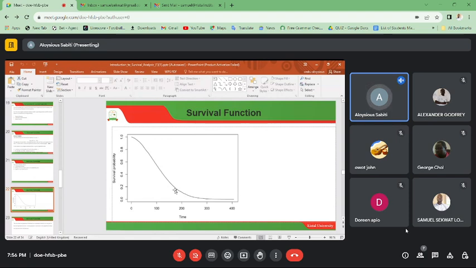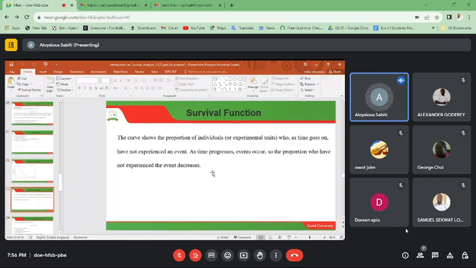It could be 1 or it could be 100 years. So if we drew a line upwards up to about here, the probability that an individual from the age 0 would get diabetes would be about 0.5, and this would occur in 100 years. This is what this survival function would mean.